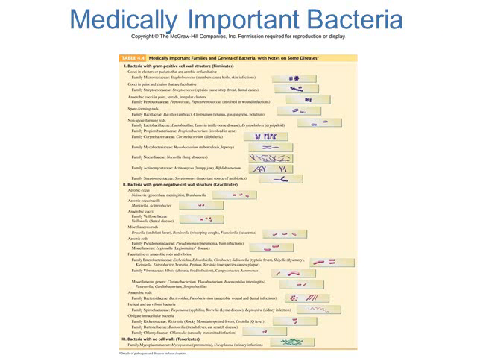This is probably really hard to see, but in your book in chapter 4, if you look at table 4.4, it shows different medically important bacteria. First, they're based on their gram stain reaction. The first group has a gram-positive cell wall, and then they look at the arrangement of those cells.